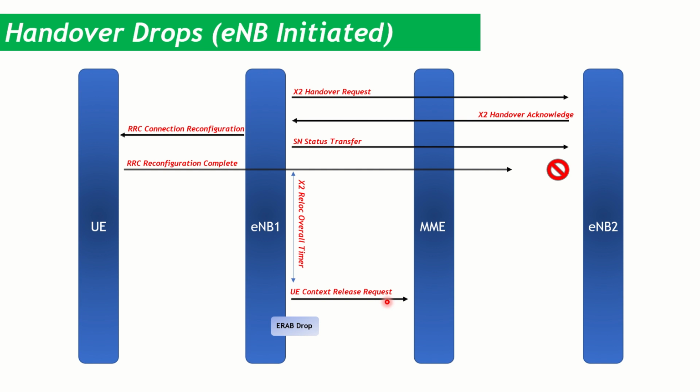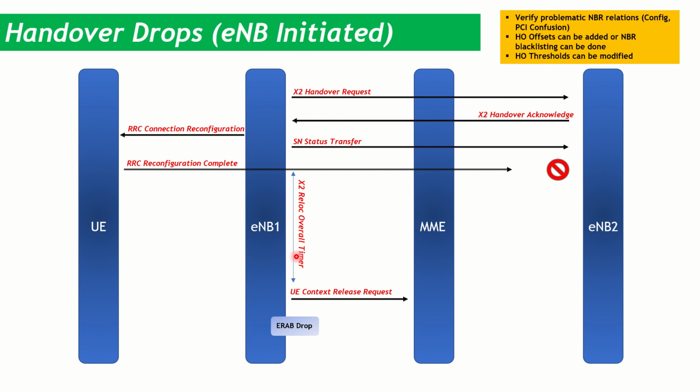Now what can we do for that? Again, the first thing would be that if this timer is too small, you can increase this timer value. Other options mostly that happen in this scenario is that you have to do neighbor optimization. Because this failure is in the execution phase, that means that the eNode B1 had already made sure that the UE had met the, let's say, A3 or A5 or A2 thresholds.